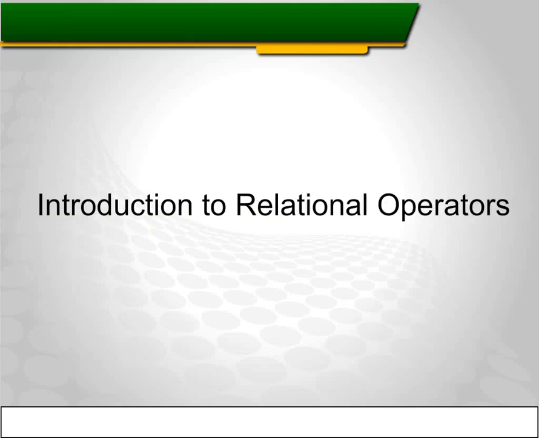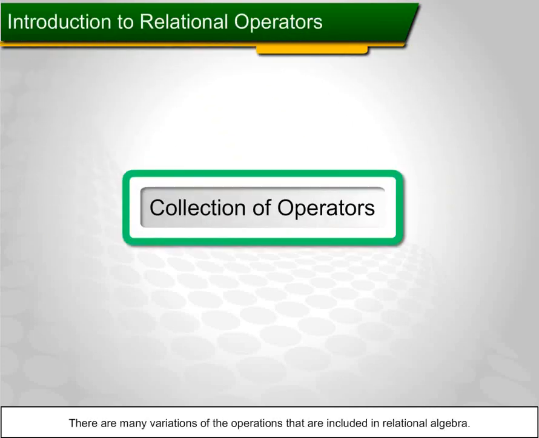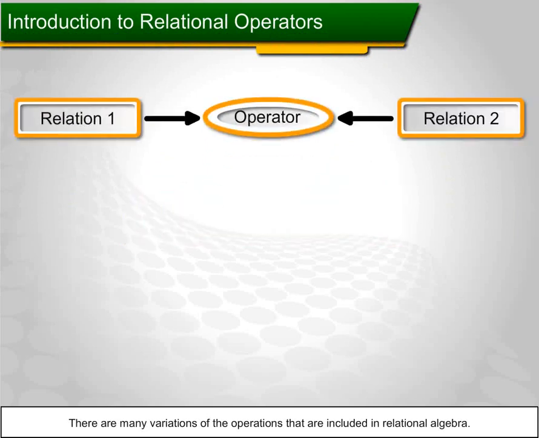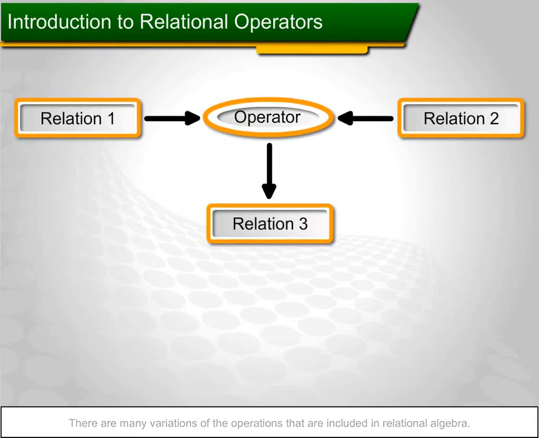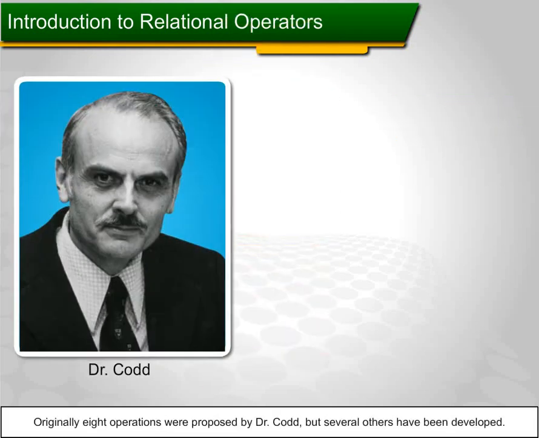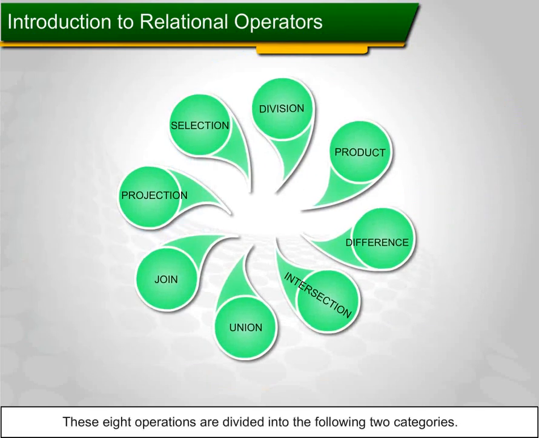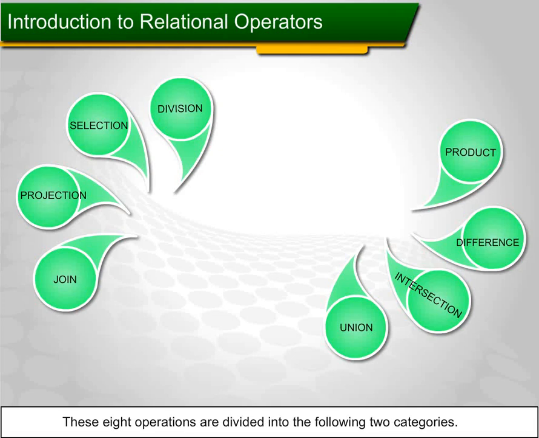Introduction to relational operators. There are many variations of the operations that are included in relational algebra. Originally, 8 operations were proposed by Dr. Codd, but several others have been developed. These 8 operations are divided into the following 2 categories. Set theoretic operations make use of the fact that tables are essentially sets of rows.